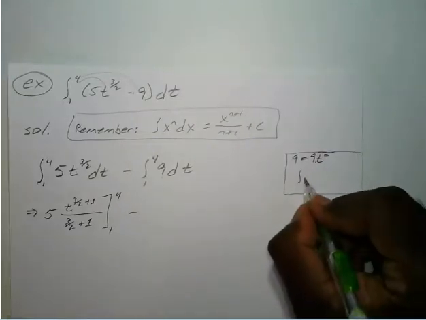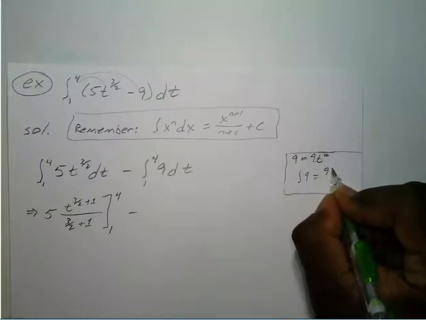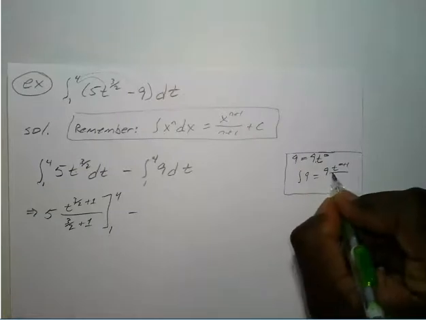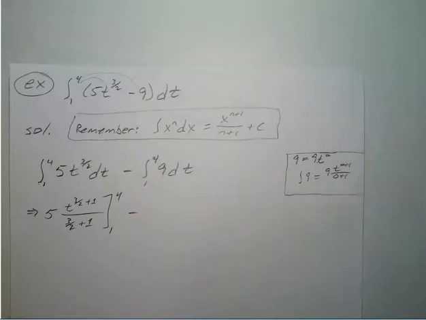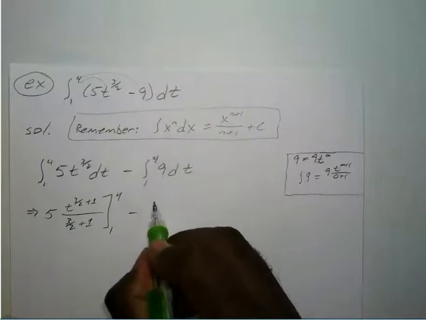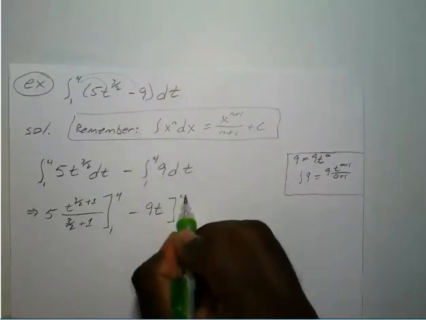So the integral of 9 would just be 9t to the 0 plus 1 over 0 plus 1, which is just 9t. So that's why the integral of 9 is just 9t. Okay, so we have 9t, and that's from 1 to 4.